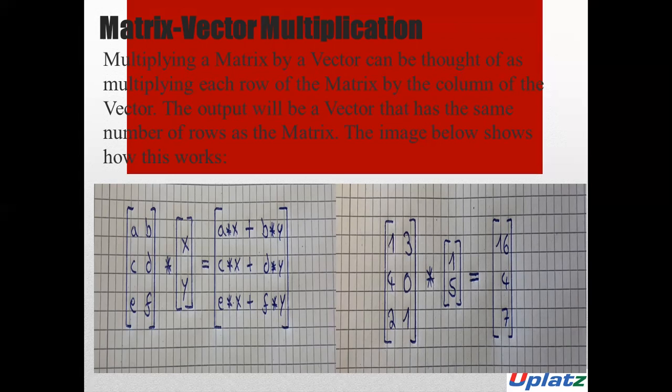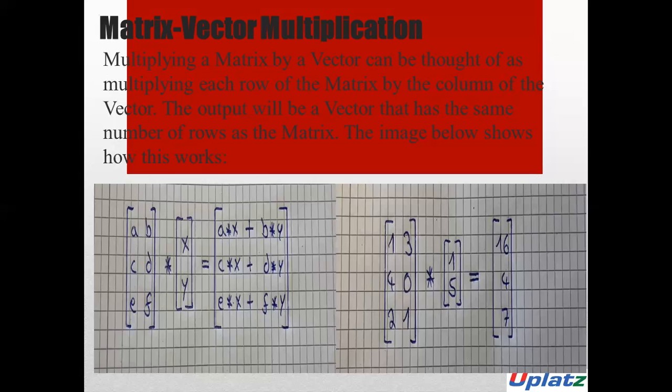You can see that the matrix is a 3 by 2 matrix, correct? 3 rows and 2 columns, and there is a vector. Each row of the matrix is multiplied by the column of the vector.